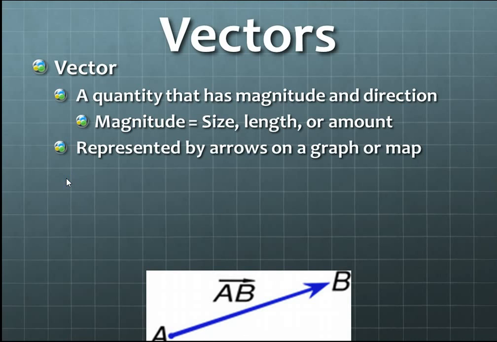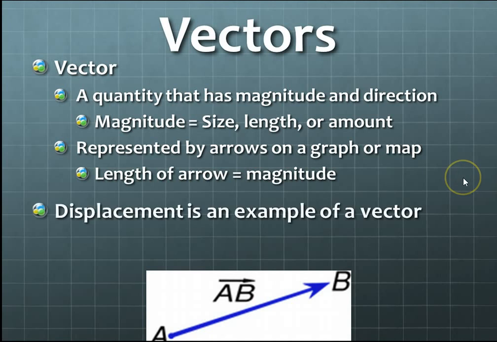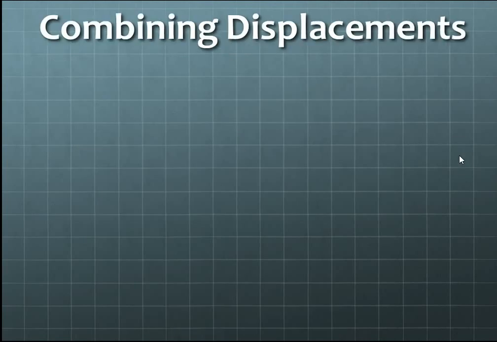It's going to be represented by the arrow on your graph or your map. The length of the arrow is going to depend on the magnitude or the size of it. So bigger arrow for a bigger vector, a smaller arrow for a smaller vector. And the reason why we mention vectors at all is because displacement is an example of a vector.